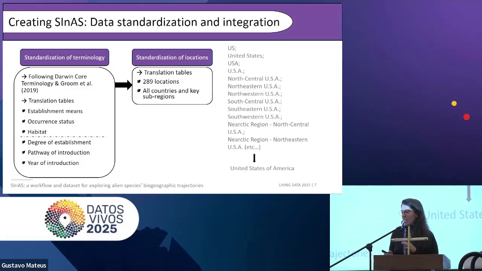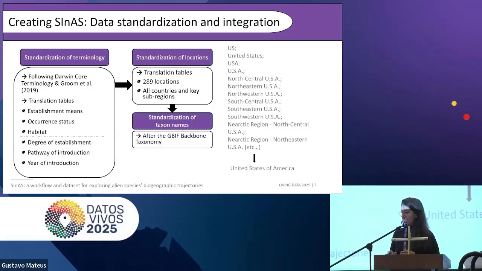We are also upscaling region names, department names. For example, for Colombia, we have all of the departments, Antioquia, Cundinamarca, Boyacá, etc., and we are upscaling them to Colombia in this case. For each one of these regions we have a table with all the possible variations, so you can imagine how huge this table looks. And at the end, we are able to standardize all of these regions into 289 locations.